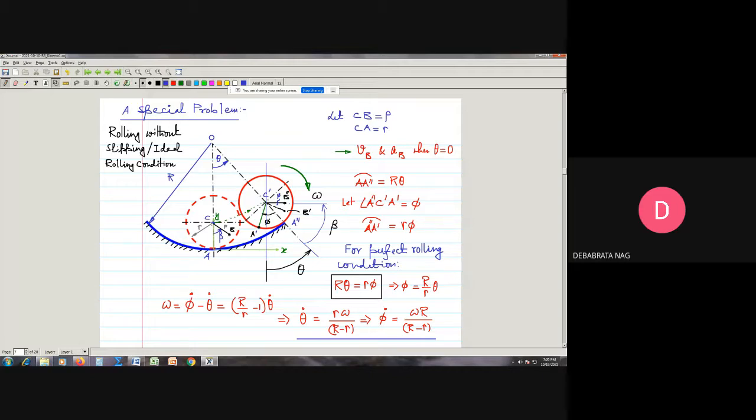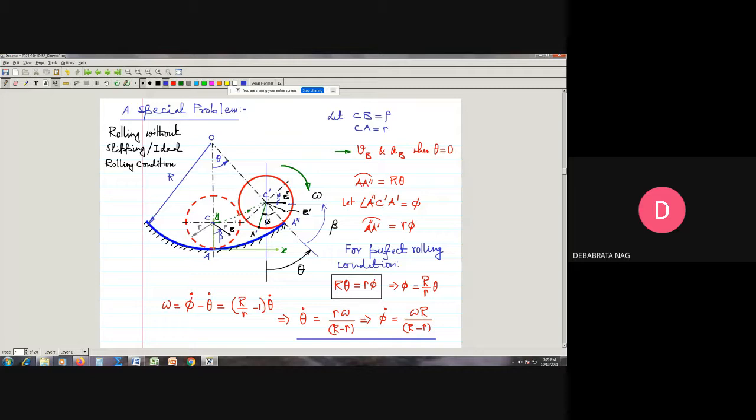Since we haven't changed anything here, when it is being dragged like that, the angle that the line C dash B double dash will make with C dash A double dash, which is the intermediate position of this radial line CA, will remain unaffected and will be equal to beta, because this is a fixed line and this is a fixed line.